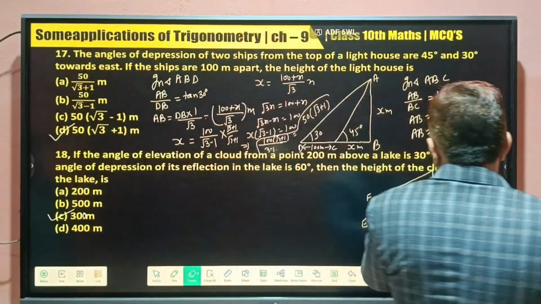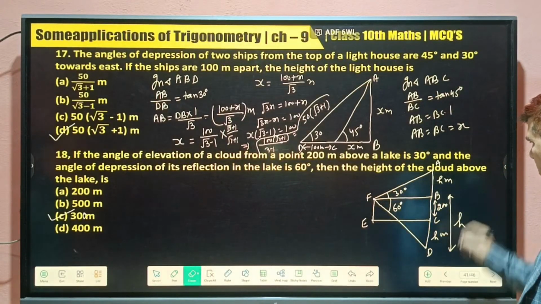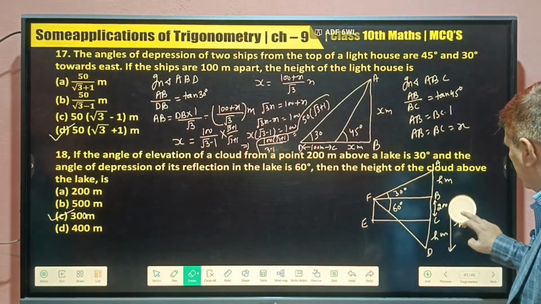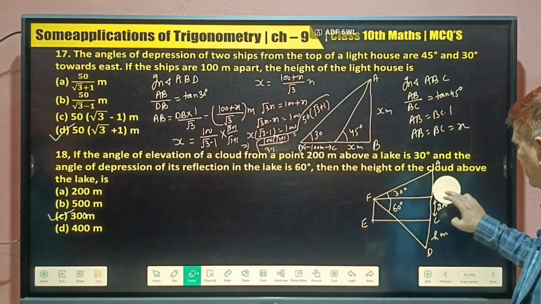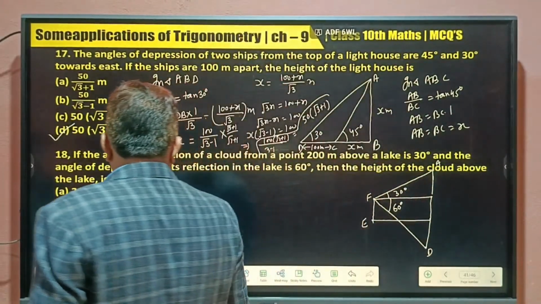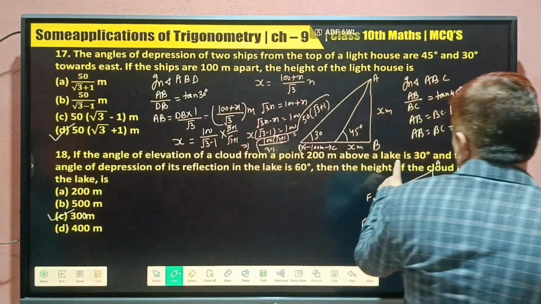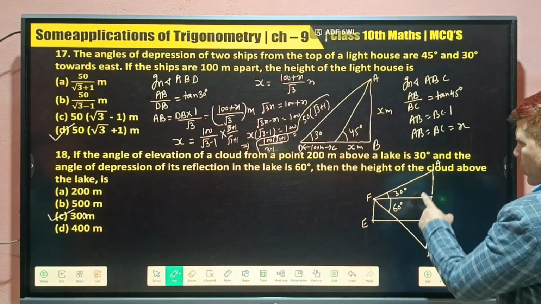This is 200. Try to understand. The angle of elevation of a cloud 200 meter above the lake is 30 degree, so from this point is 200.